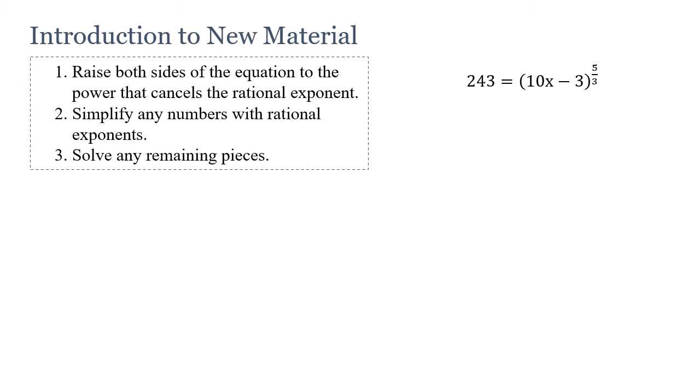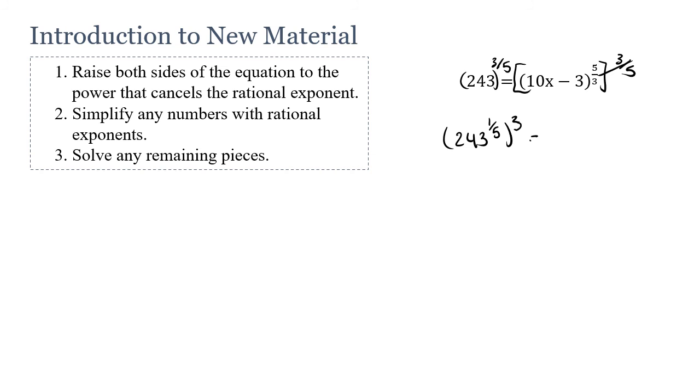All right, let's try this last question. Step 1, raise both sides to the power that cancels the rational exponent. So I'm going to raise this to the 3 over 5. I got to do that on both sides. This will cancel. The right-hand side is going to come down. And now I need to simplify. I'm going to just go ahead and rewrite this right away.